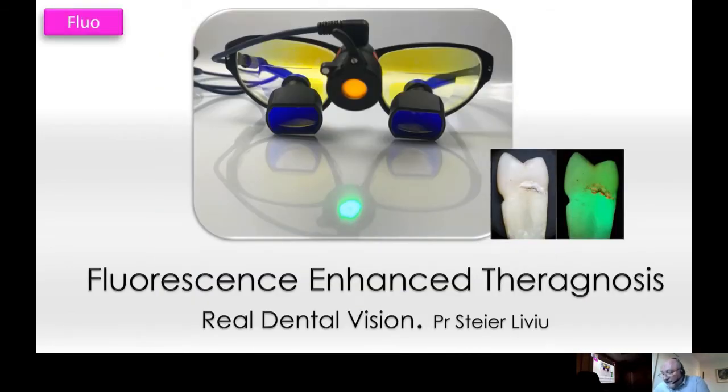And also at the end, this new loupe from Real Dental Vision combine 2.8 magnification with a photonic fluorescence signal. Active biofilm and caries activity can be diagnosed more easily on the fluorescence, and hence all the technique is based on the fluorescence and diagnosis concept from Professor Liviu Steier.